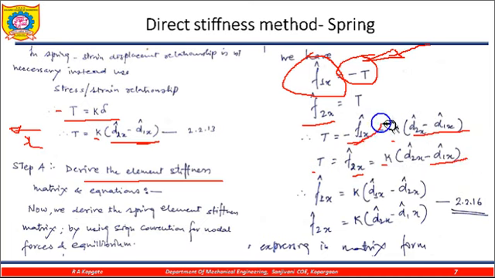Now because of this negative sign, I am changing the position, hence F1x is equal to k into (d1x minus d2x), while F2x is equal to k into (d2x minus d1x).